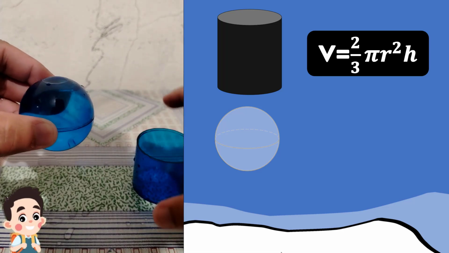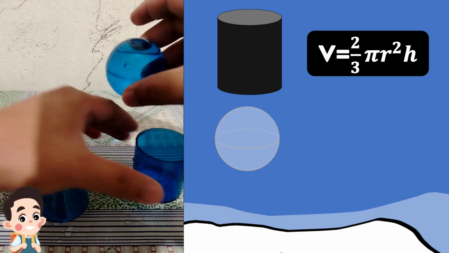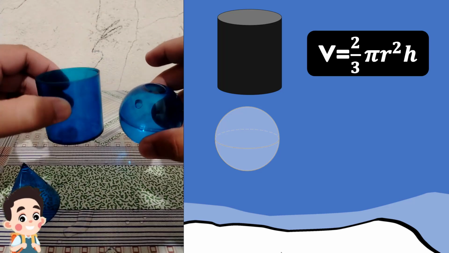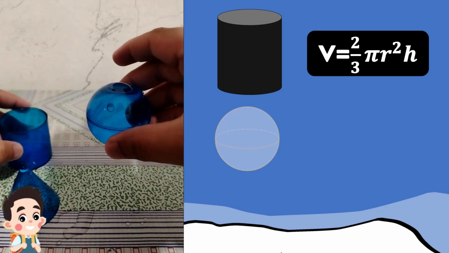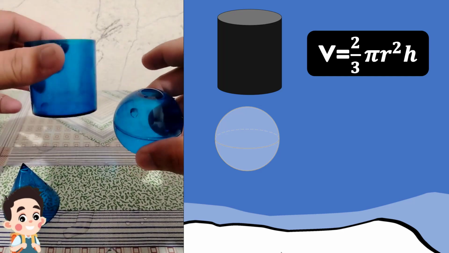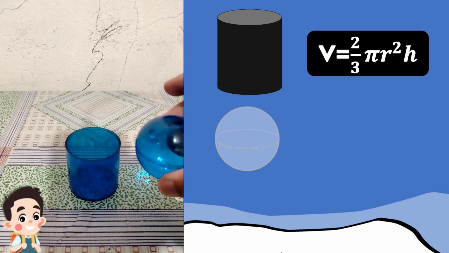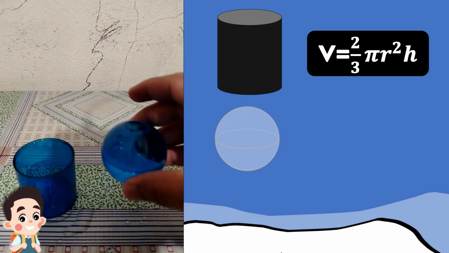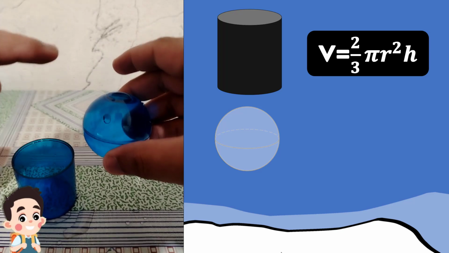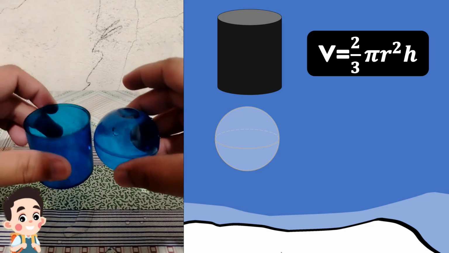And what can this tell us? As mentioned, the volume of this cone is just 1/3 of the volume of the cylinder, hence the remaining amount is 2/3. So, the volume of the sphere is just 2/3 of the volume of this cylinder. And the volume of the cylinder is given as pi r squared h. So the volume of the sphere is 2/3 of pi r squared h.